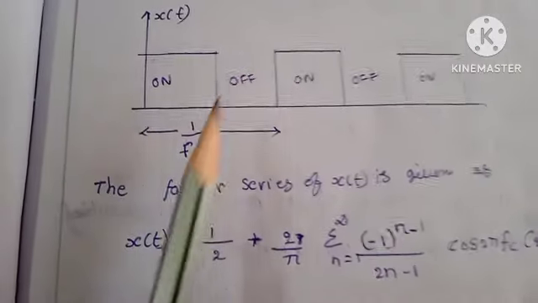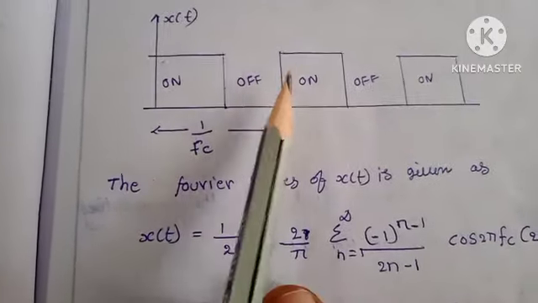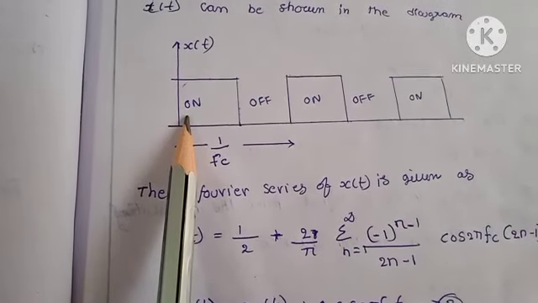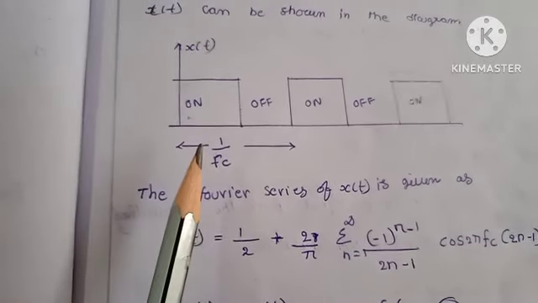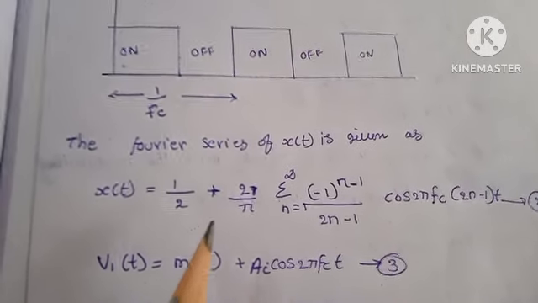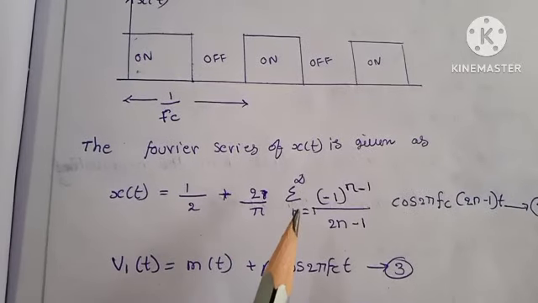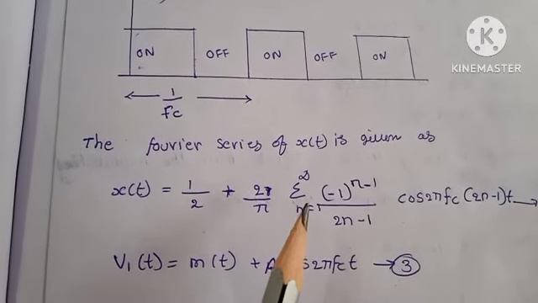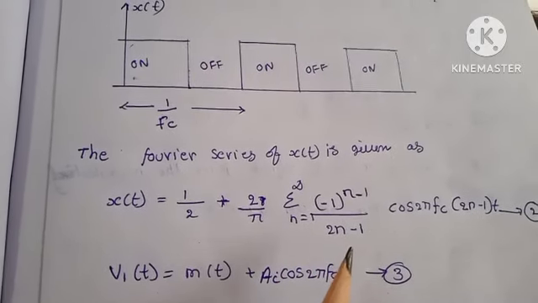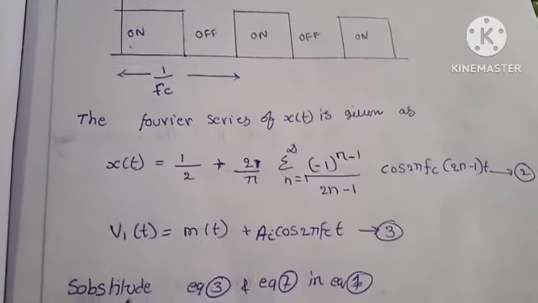It has on and off cycles. It can be represented in Fourier series form: x of t equals 1 by 2 plus 2 by pi sigma n equals 1 to infinity, minus 1 whole power n minus 1, by 2n minus 1, cos 2 pi fc t (2n minus 1).